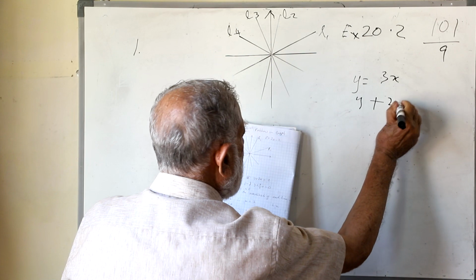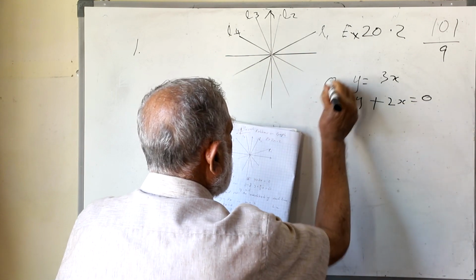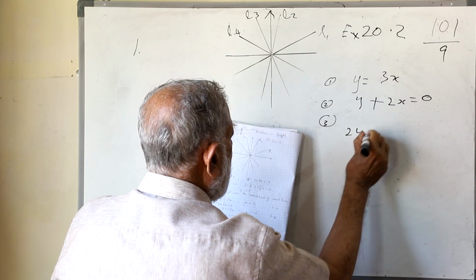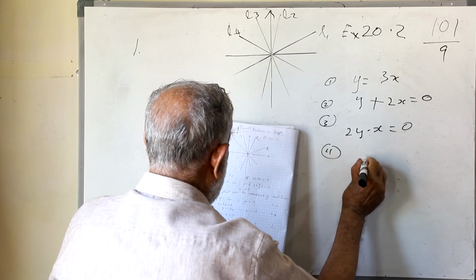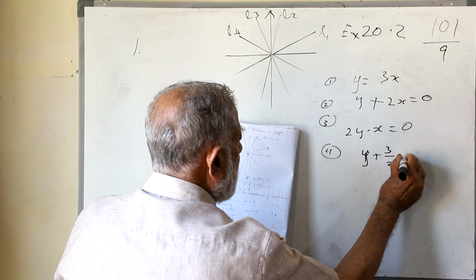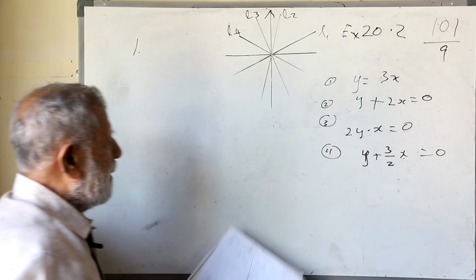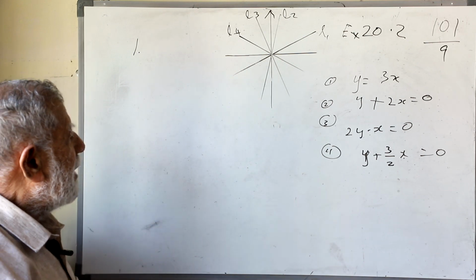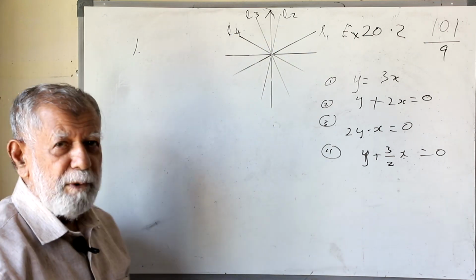Four equations are given: y equals 3x, y plus 2x equals 0, 2y minus x equals 0, and y plus 3 upon 2x equals 0. We have to identify the lines from the graph. So how to do this problem?